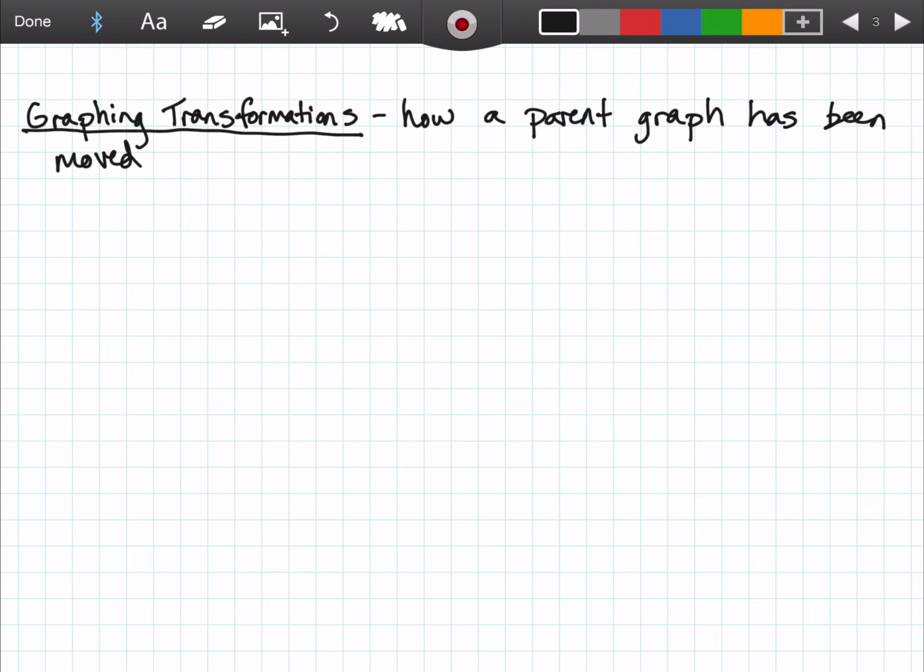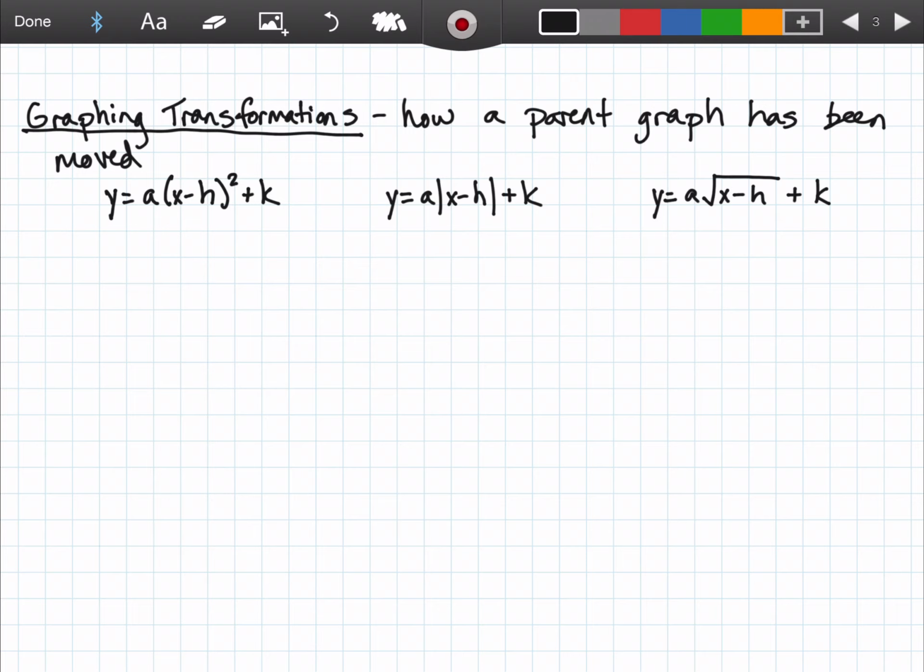With vertex form, we talk about graphing transformations. Absolute value graphs we could talk about with transformations. I could throw any kind of equation into this form, really. I could do a square root graph, which you don't even know how to graph yet, but the point is we could talk about it in terms of transformations.